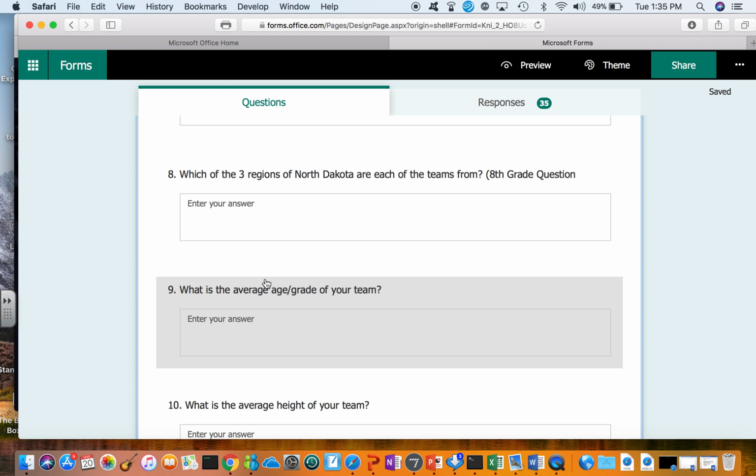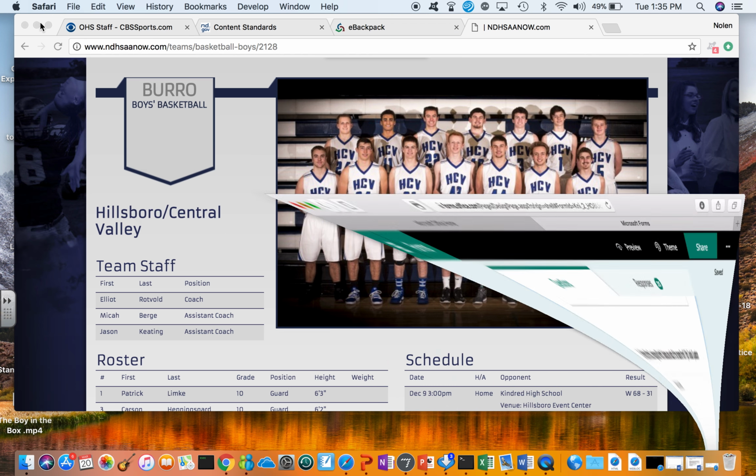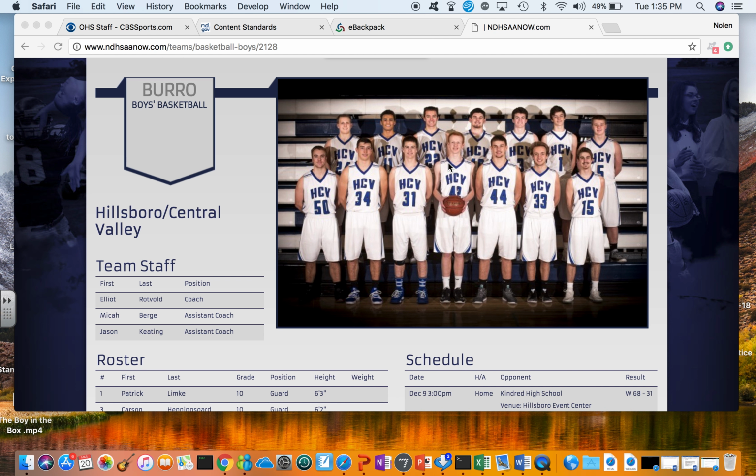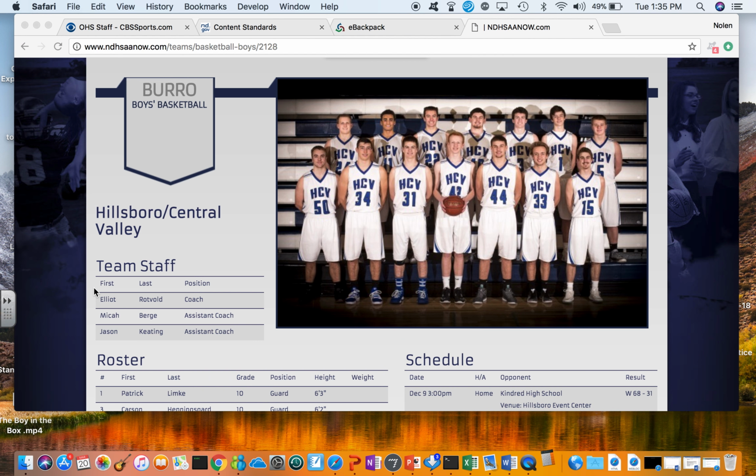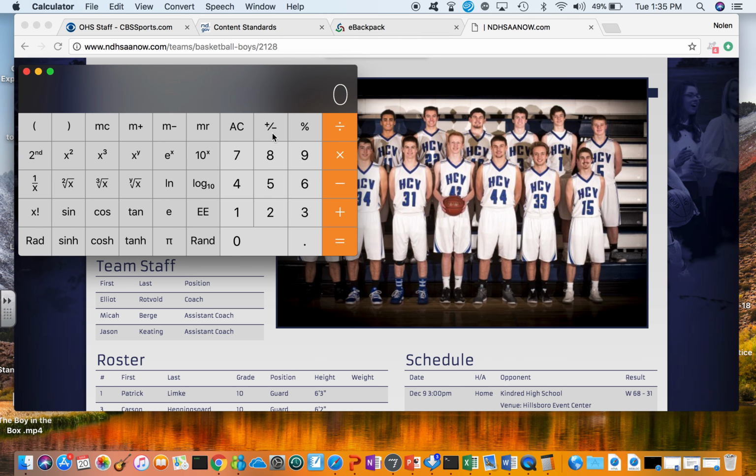What is the average grade or age of your team? So the way you figure that out, let's go to my calculator here. Let's say I have 4 people that are 12th graders, that are seniors.